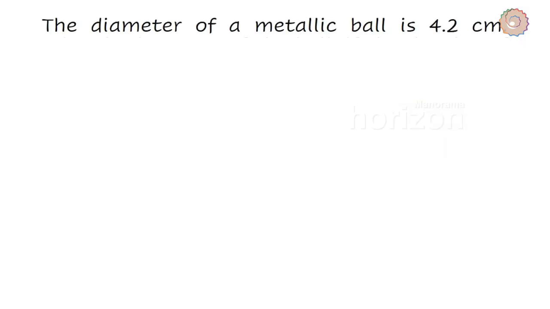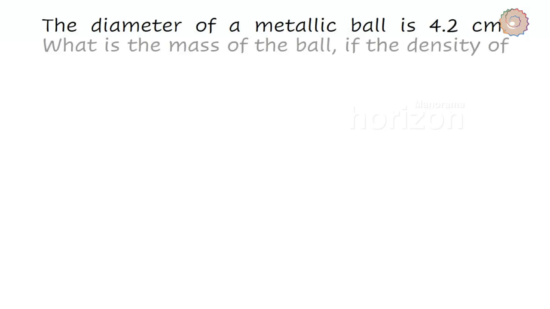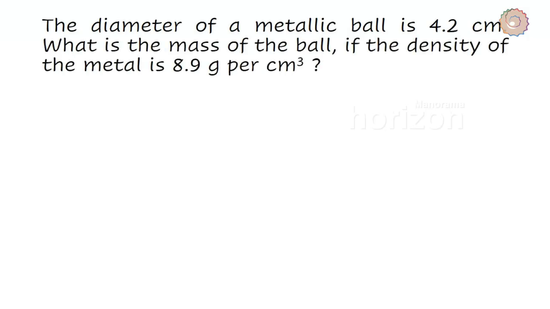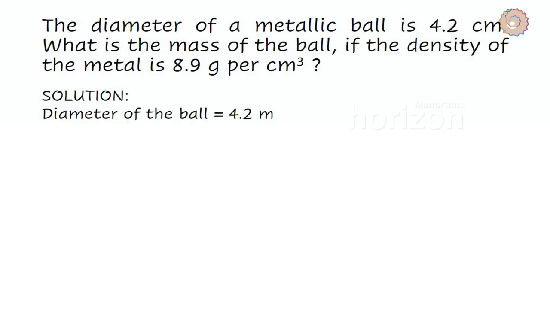The diameter of a metallic ball is 4.2 cm. What is the mass of the ball if the density of the metal is 8.9 grams per centimeter cube? Solution is as follows. Diameter of the ball is equal to 4.2 cm. From this, we can find the radius, that is diameter divided by 2, giving you 4.2 divided by 2, that is 2.1 cm.